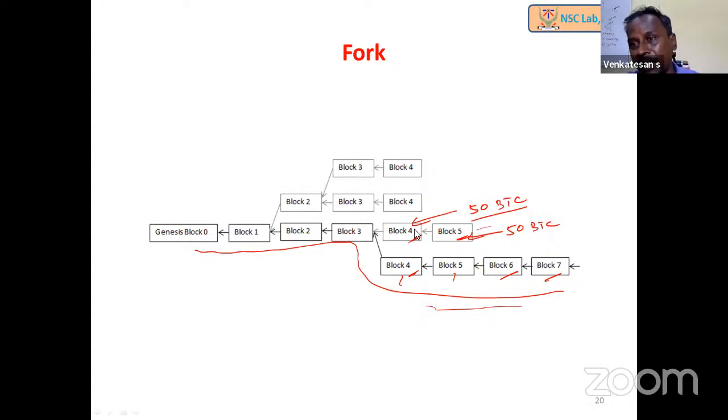At one point of time, only a certain group of people will be doing the mining, and the entire network will be in their control. So they can do anything, because, as I said, if more than 50% of the hash power is with a certain person, an individual or a group, then they can control the entire chain.